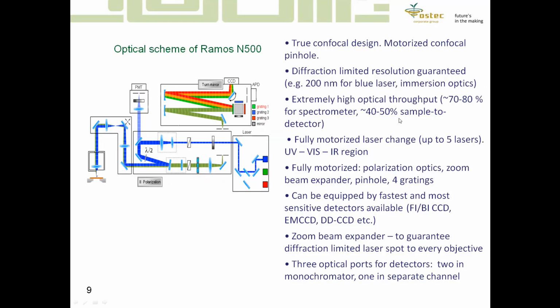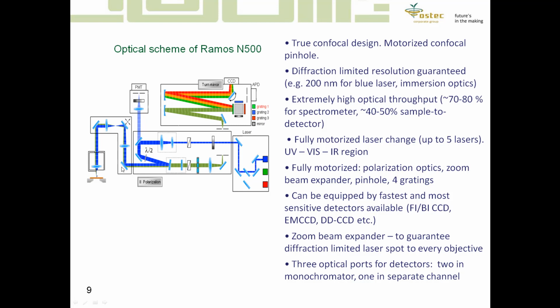So this configuration consists of some important parts. First of all, it's a true confocal design, which allows varying pinhole size to perfectly fit the magnification of objectives and numerical aperture of the objective. And therefore, diffraction limit of resolution can be achieved, for example, 200 nanometers with blue laser and immersion optics.